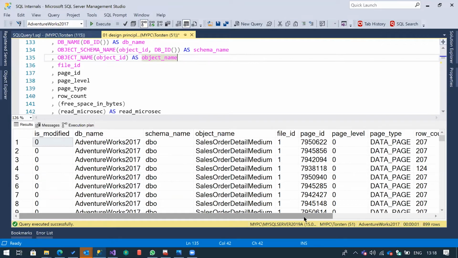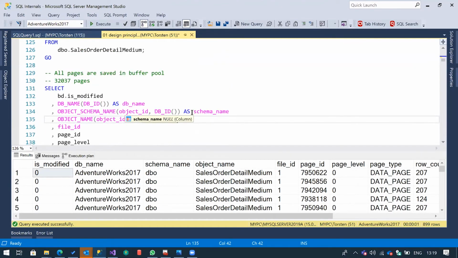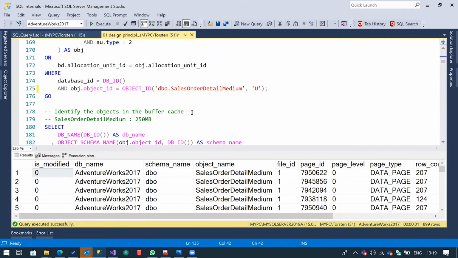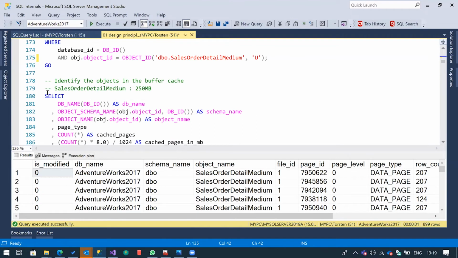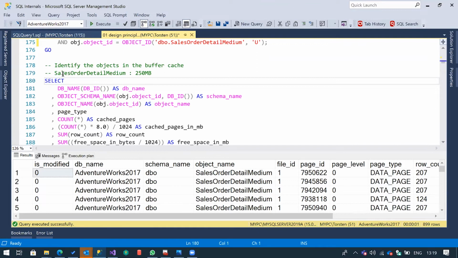That means I'm already allocating a lot of storage in my buffer pool just to count the number of rows in a table. Because the only way to count the number of rows in a table is nothing else than scanning the entire disk, the entire pages from disk or from my buffer pool.